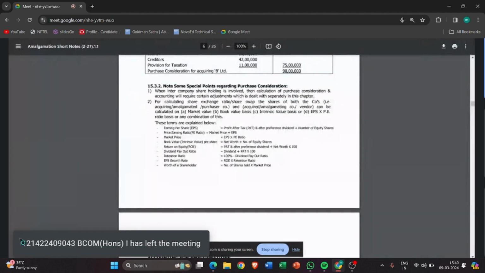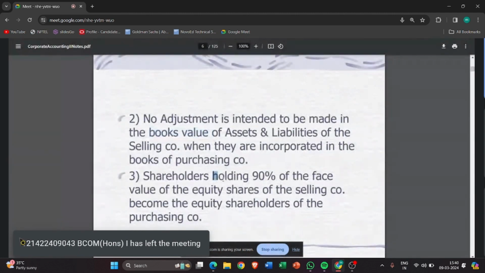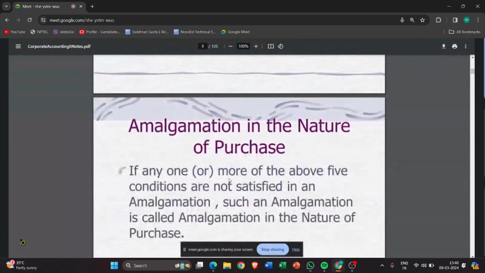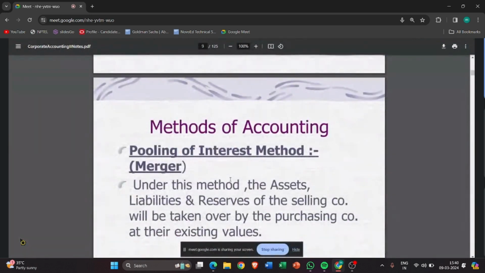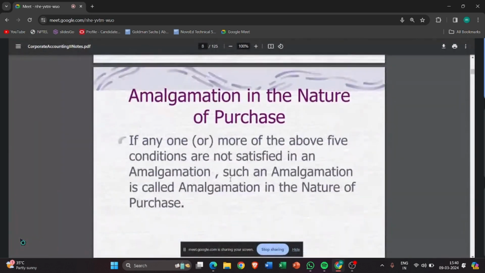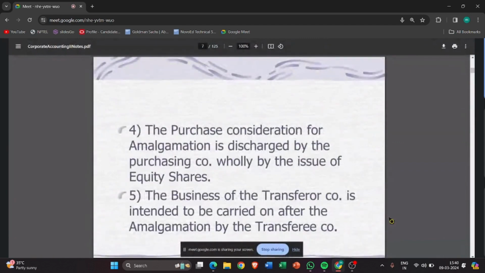Then next is we come to now the amalgamation in the nature of purchase. Right? Sorry. We didn't do transferee company. One second.